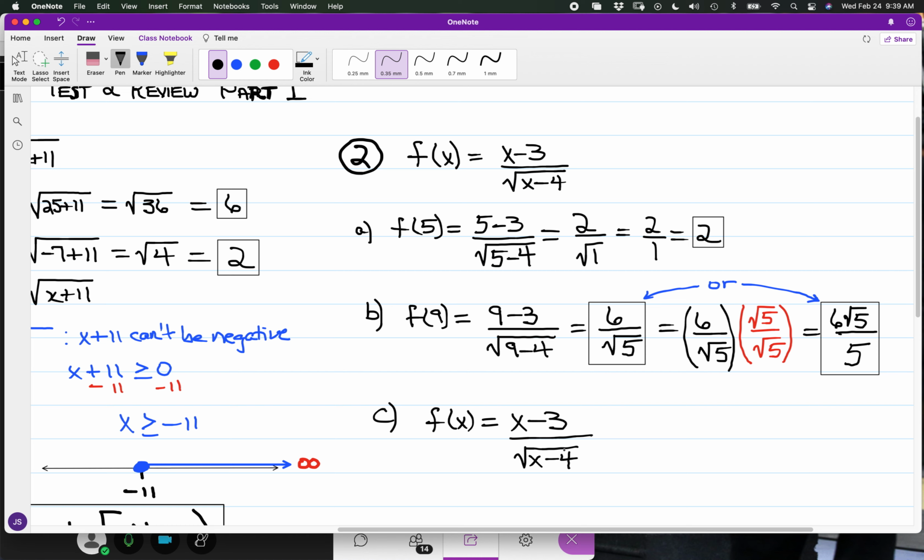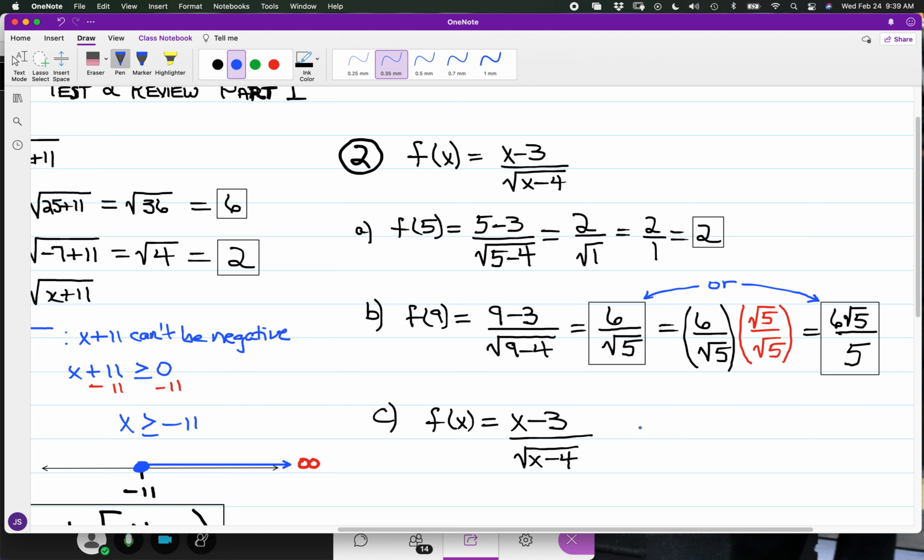Now again the burden in terms of where the restrictions will be placed will be upon x minus 4. Now x minus 3 is okay. You don't have an even root radical in the numerator, and plus you can have a 0 numerator as long as you do not have a 0 denominator. So everything in terms of the restrictions will be riding upon x minus 4.